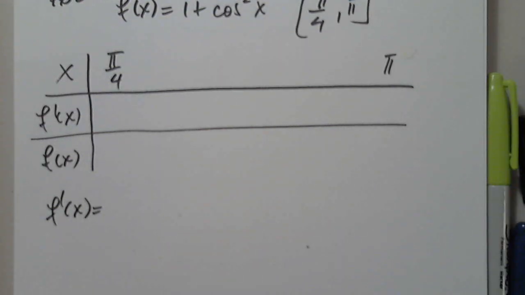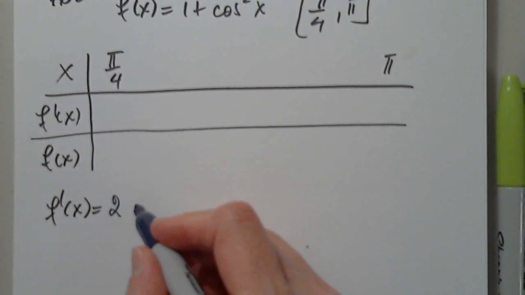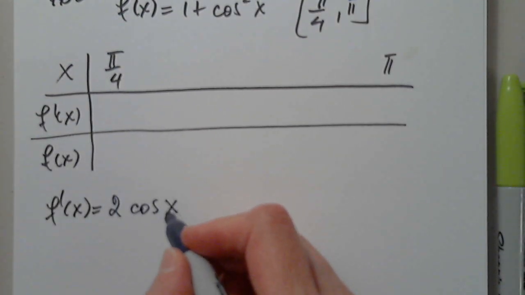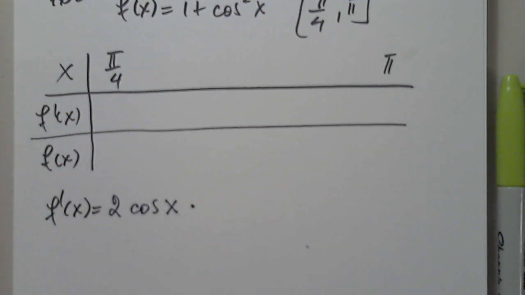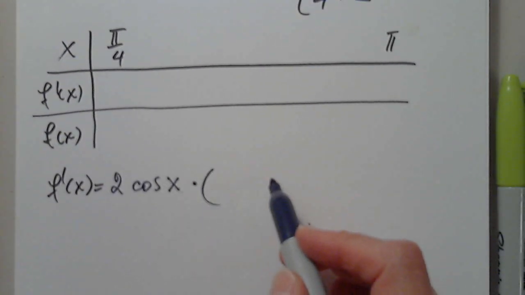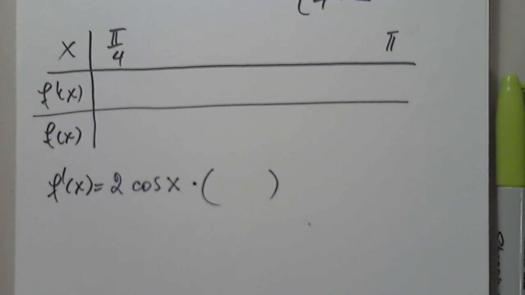So we bring down the power, we subtract 1 from the power, and now we differentiate the inner function. What do we get when we differentiate the inner function?